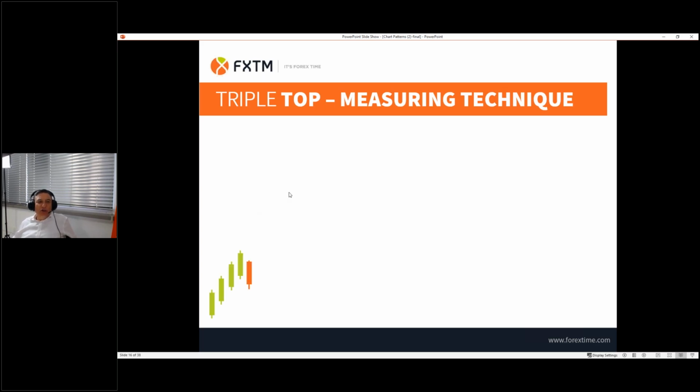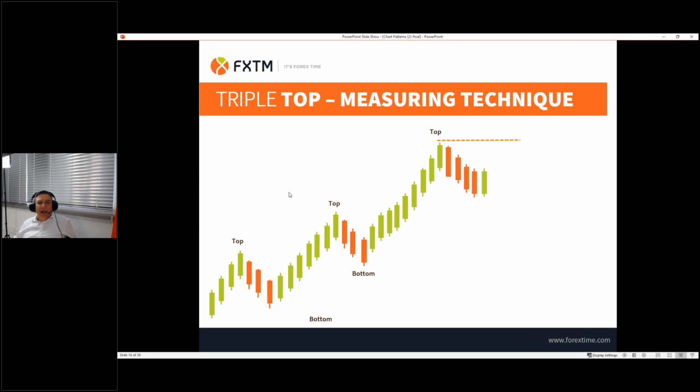Okay, let's go on. Triple top. Again, we have a beautiful uptrend. And then we have one top, two tops, and three tops. Now, we expect prices to fall below the bottoms. And when that happens, we have a reversal.